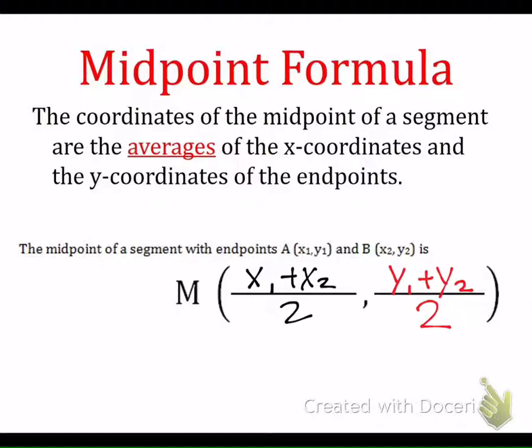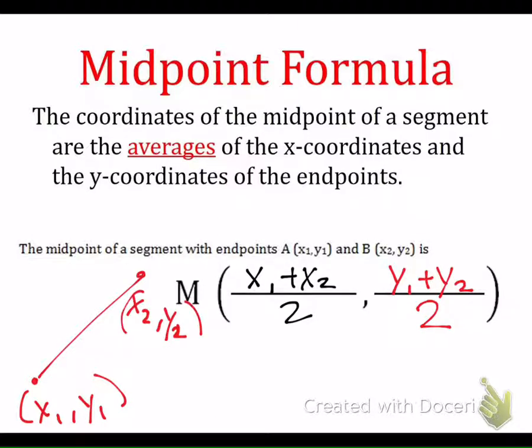So it's always going to be divided by 2, because there are 2 points. Basically you'll be looking at a line with x1 and y1 here, and way over here x2 and y2. To get right in the middle, you find the average of the x's, that'll be our x coordinate, and the average of the y's, that'll be our y coordinate.